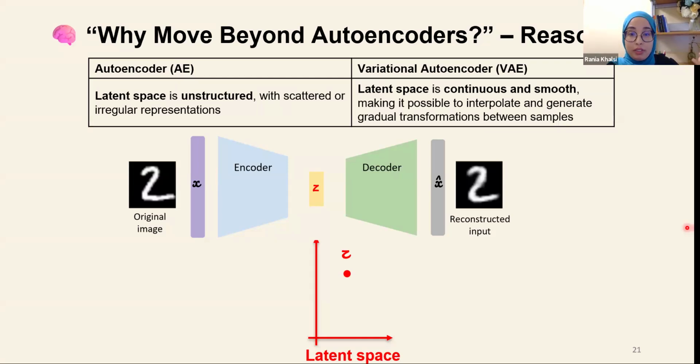So during training, what happens? The model learns all the encoder and decoder parameters, as it needs to reconstruct the image. But during testing, we only focus on the decoder side, because it is the part that generates new images.